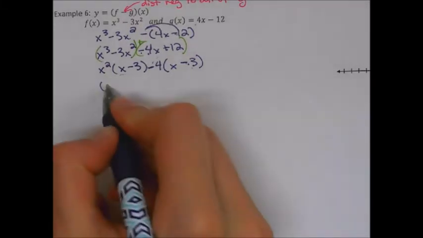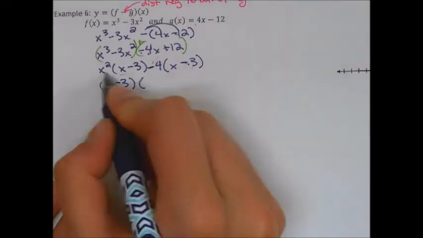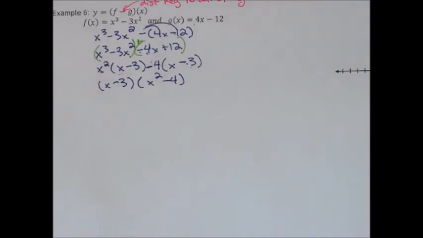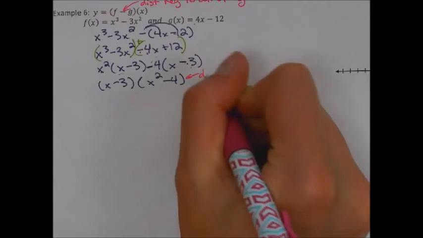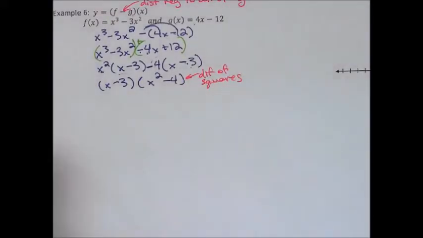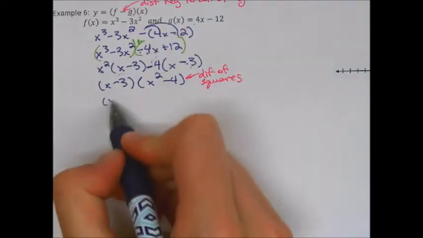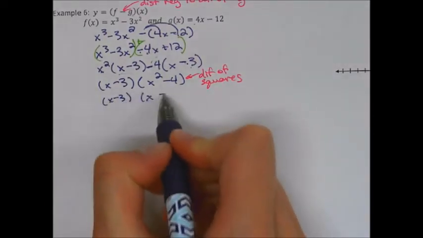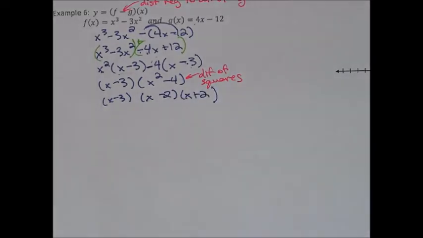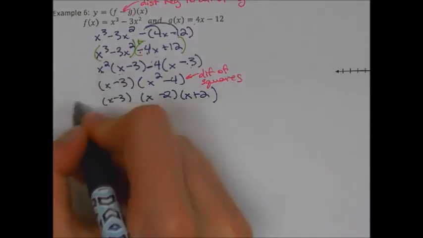Take out our common binomial. What were our GCFs? x squared and negative 4. Can I keep going? Yes, we have a difference of squares. I have x minus 3, x minus 2, x plus 2. So this is what y equals.